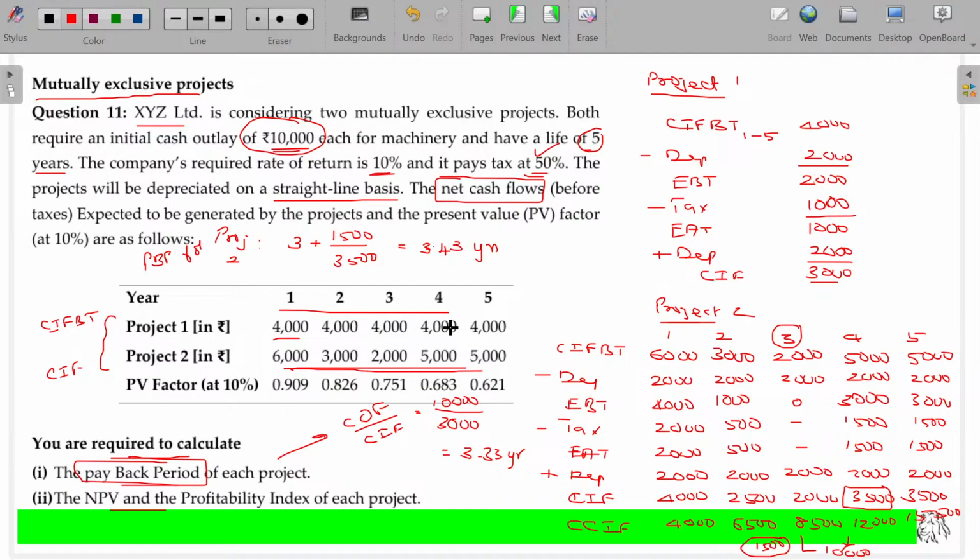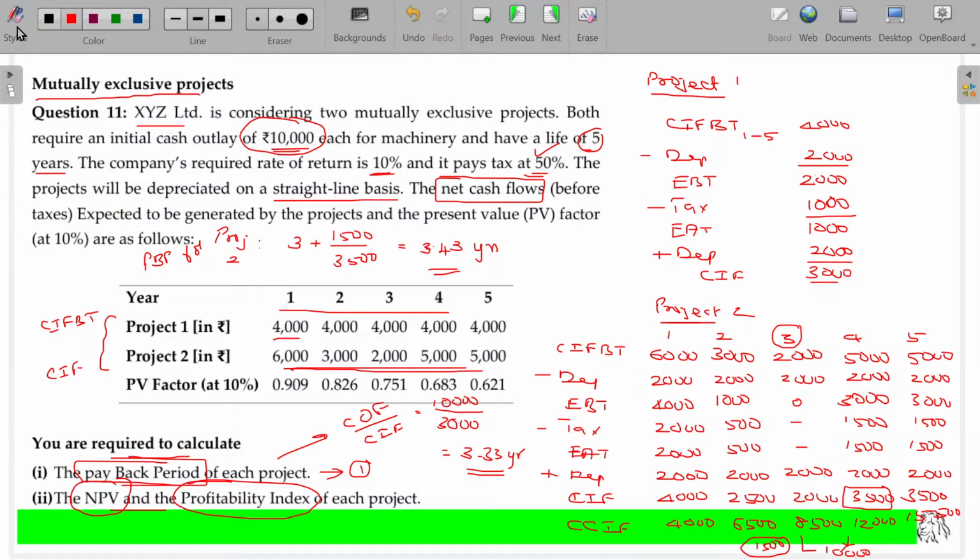So as per the payback period, the lowest payback period is most suitable. So we have to choose project one because it has 3.33. Second one is 3.43. Apart from that, you have to calculate NPV as well as PI both for this illustration. So we have completed the payback period.